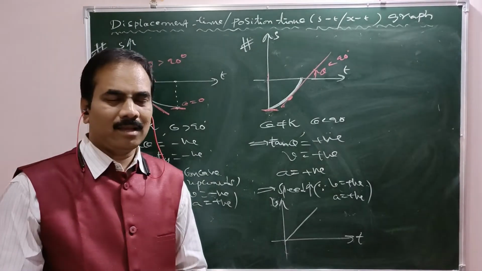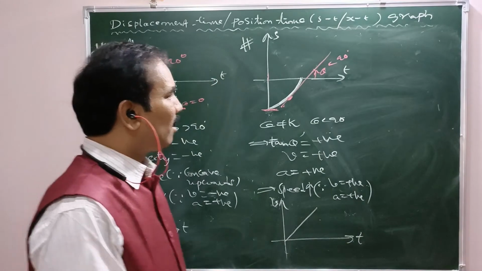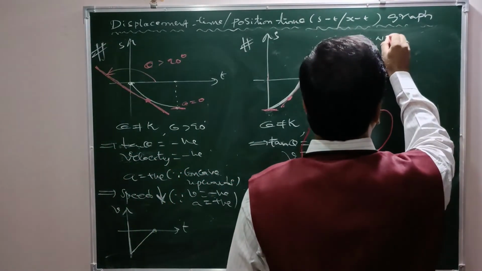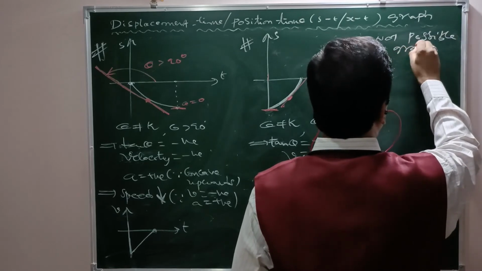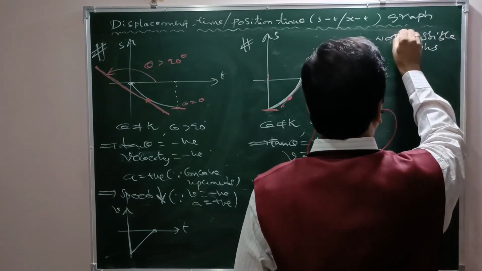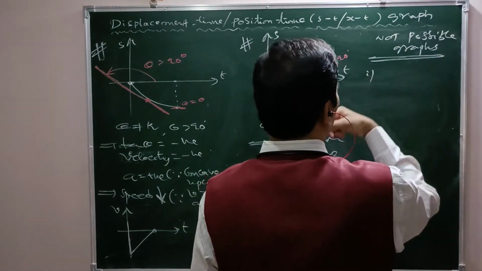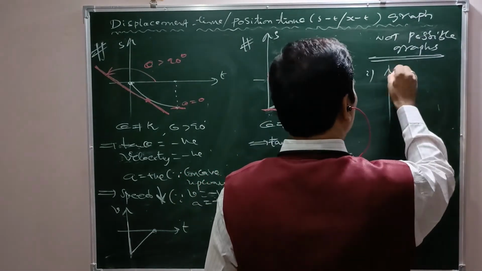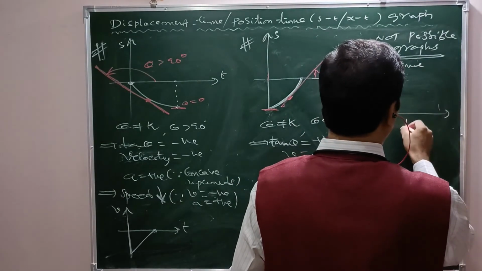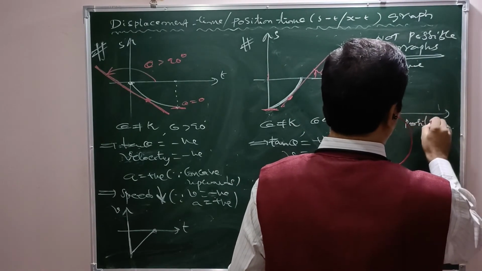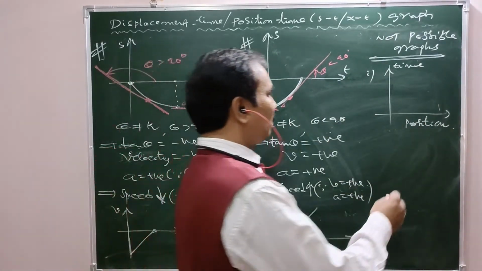Now let us see one more point, that is, not possible graphs. Suppose number 1: this is time, this is position. Suppose one graph is like that.